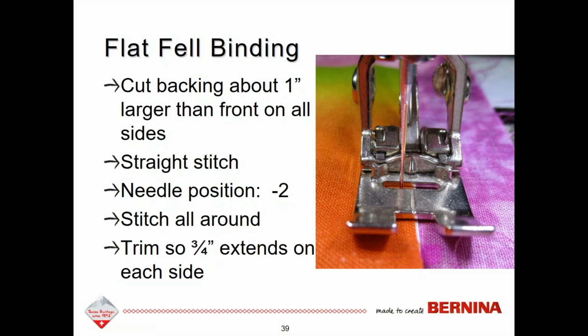And then I want to trim 3/4 of an inch from this edge to the edge of the binding. I wanted to leave myself a little bit of leeway. That's why I cut it at 1 inch, and then I could exactly trim it to 3/4 of an inch.